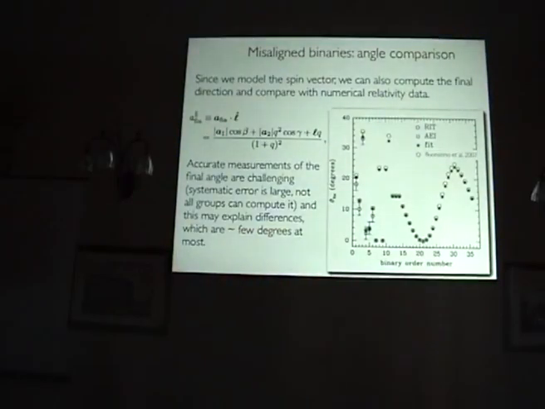So you can actually calculate what is the final angle, this theta. Now this is, I should say, a very complicated measure, and there's just one group besides ours that has managed to calculate this angle. So this is the one at Rochester, and you see here the error is much larger. Okay, you have an error of a few degrees in some cases.